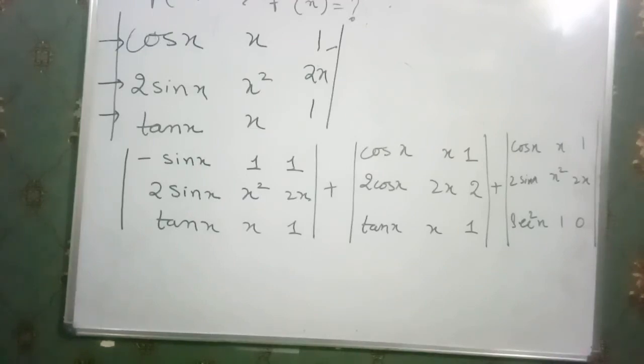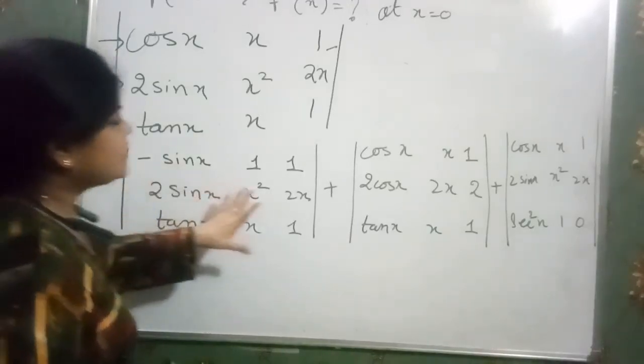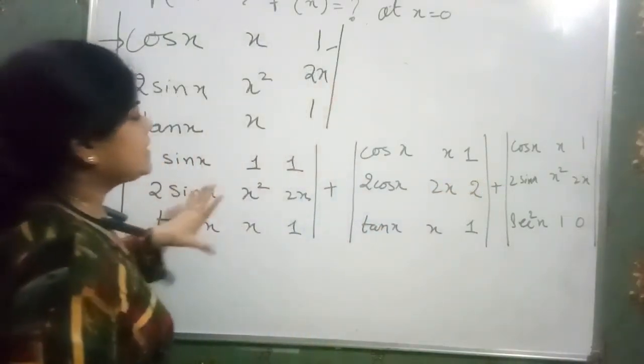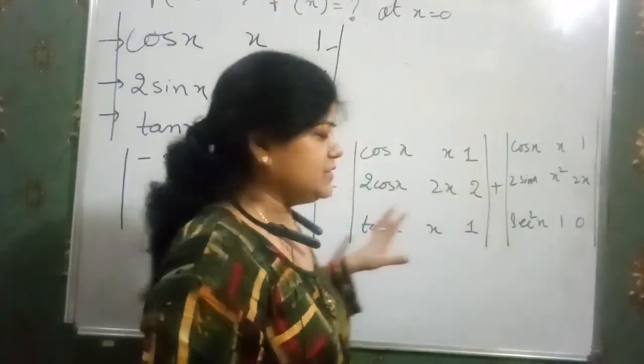Now, as given in the question, the value of x is equal to 0. It may be some other value, pi by 2, pi by 4 or anything. We just put the values in these determinants because this is a determinant comprising trigonometric functions.